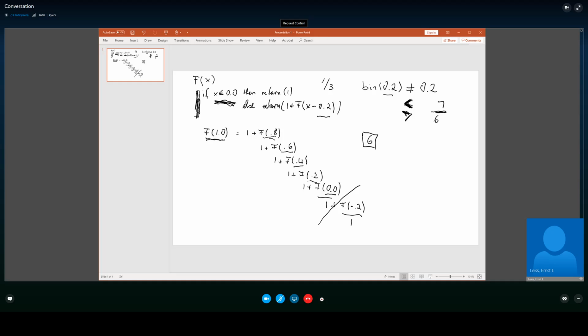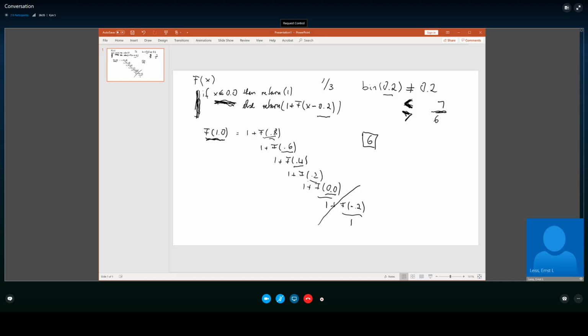So as a result, none of you really knows whether the value that is going to be returned is 7, which is if binary 0.2 is less than decimal 0.2, or 6, which is if binary 0.2 is greater than decimal 0.2.